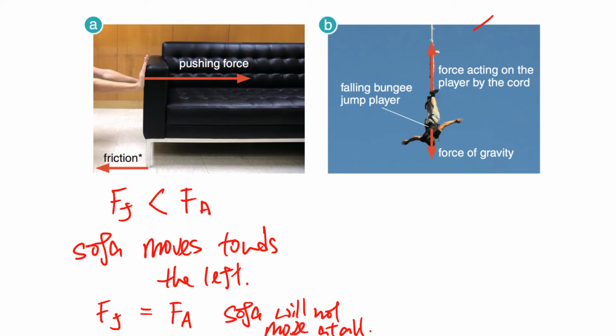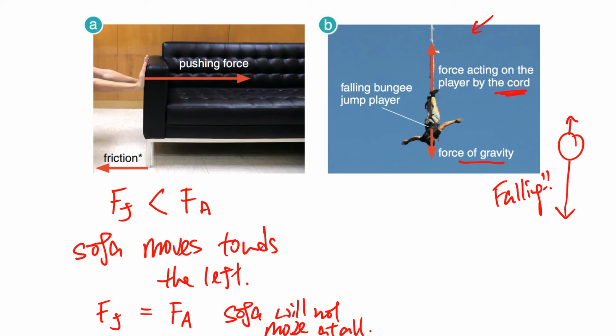And it's the same in bungee jump. If the force of gravity is larger than the force acting on the player by the cord, that means the guy has a larger force going down and a smaller force going up, so the guy will keep falling.